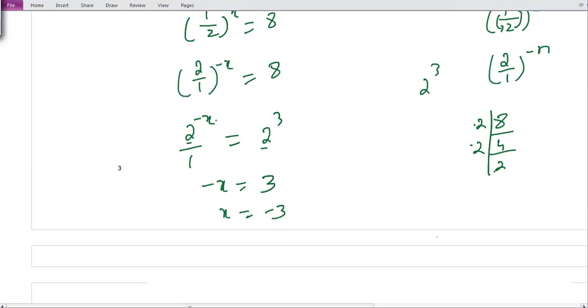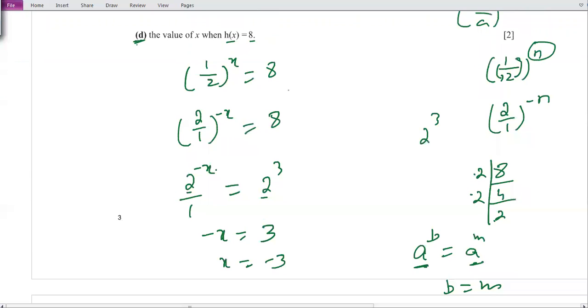Remember the rule says if you have a power b equal to a power m, if the bases are equal, then the powers will also be equal, then you can say b is equal to m. In this case, I have to solve. Remember, whenever the variable is in the power, you will use this technique. You will make the base on both sides the same.